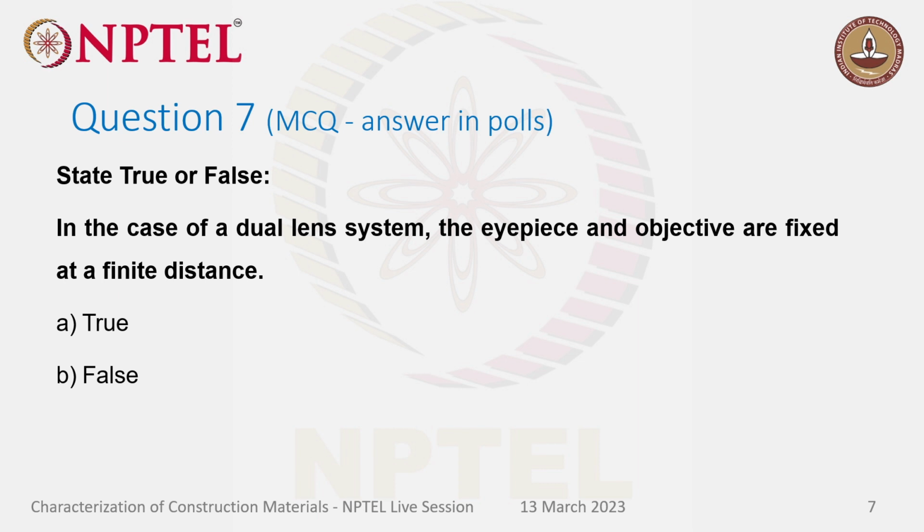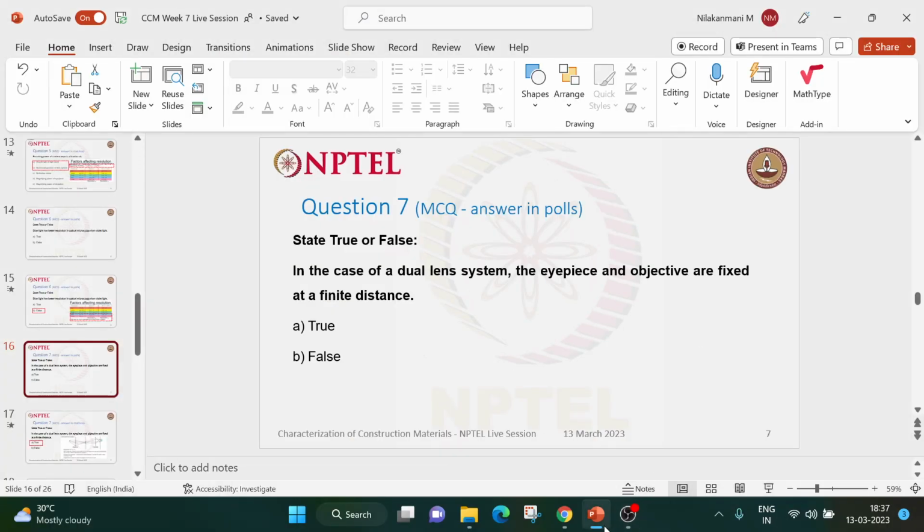The first case he discussed would be the dual lens system, then he moved to multiple lens system, compound lens system. So in that case, is the image plane an objective of fixed at a finite distance? Okay, since time is up, let's see the class response.